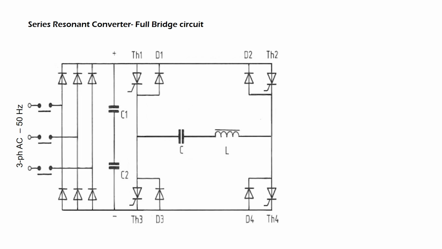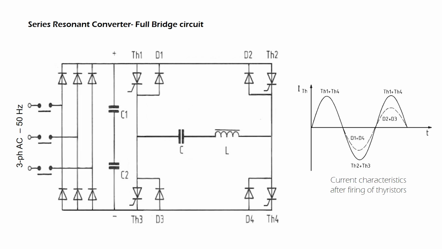This fulfills the condition for continued oscillation, that is, the change of the supply voltage polarity to the series resonant circuit at each zero crossing of the current. The illustration on the right shows the current characteristics after firing of thyristors.